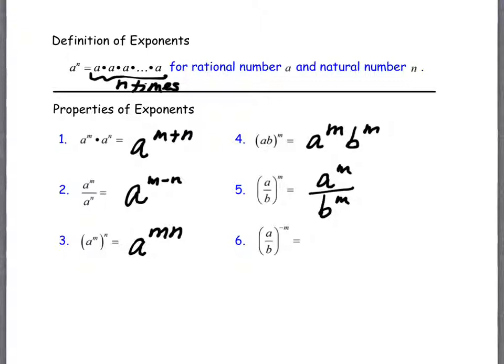So what's the reciprocal of a over b? b over a. So this is equivalent to having b over a raised to the m power. And then if we use the previous one, we recognize that's just b to the m over a to the m. So it flips it and it applies this sort of distributive feel to it.